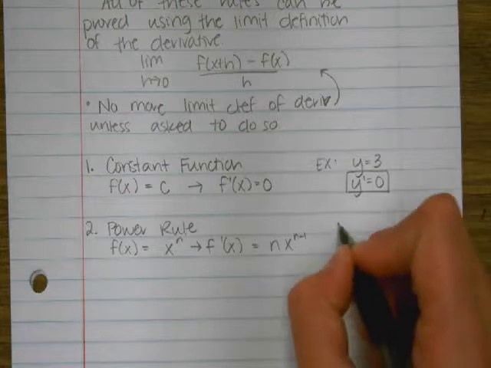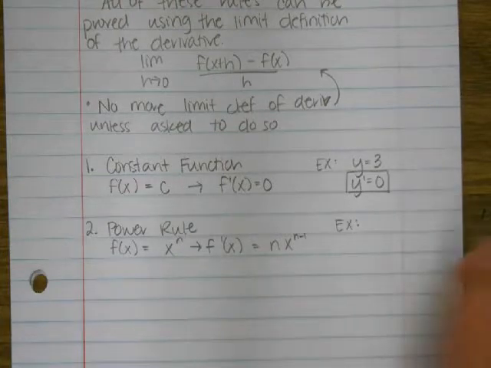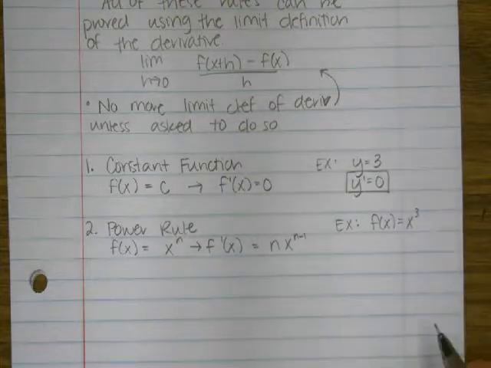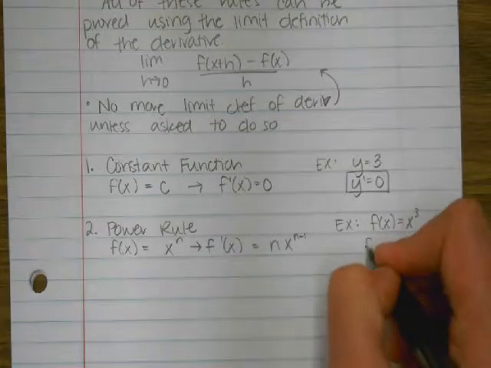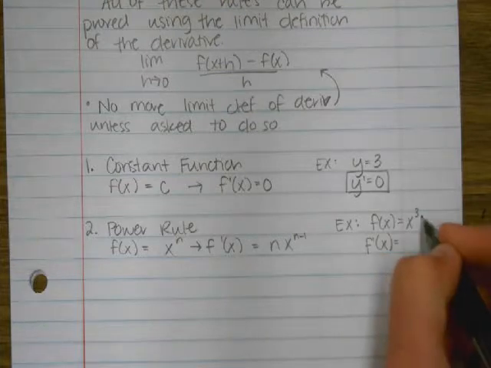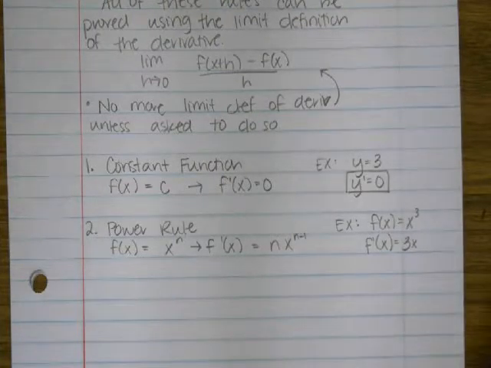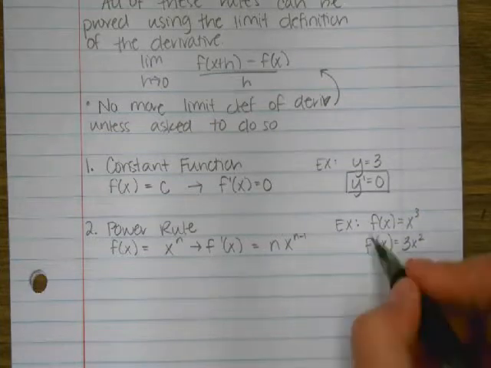So, for example, if we had f of x equals x to the third power, then the derivative of that would be take the 3, move it to the front, so 3x, and then you take the exponent and you subtract 1 from it. So it'd be 3x squared.